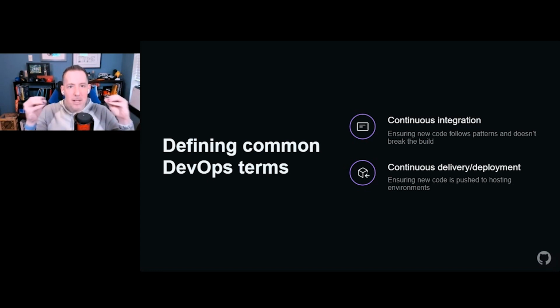So continuous integration is the process of me making changes to my code and incorporating them into my code base. And as part of that process, I want to make sure that any of the changes that I'm making don't break anything. So I want to make sure that I've got good unit tests. I want to make sure that everything is still going to build correctly. So all of that's going to be part of continuous integration.